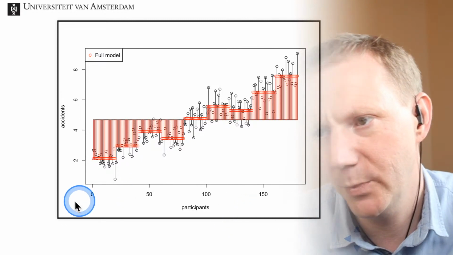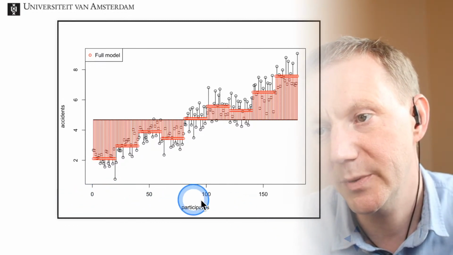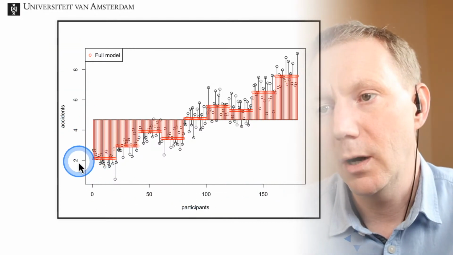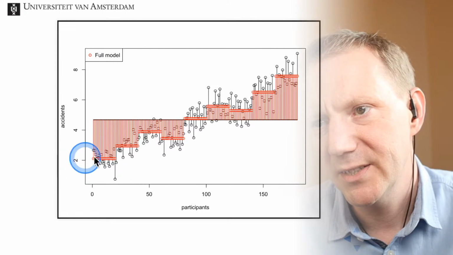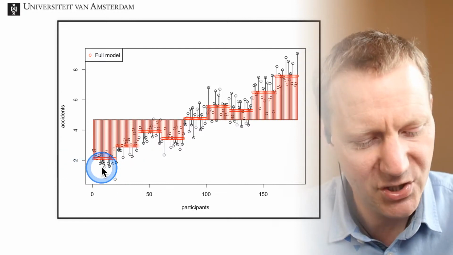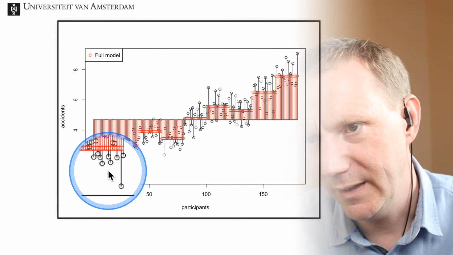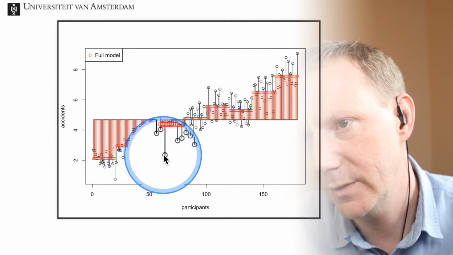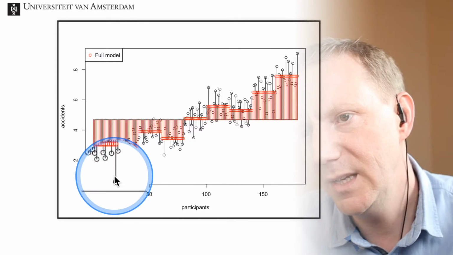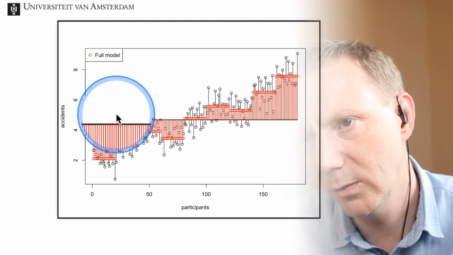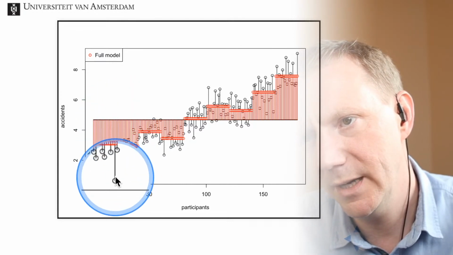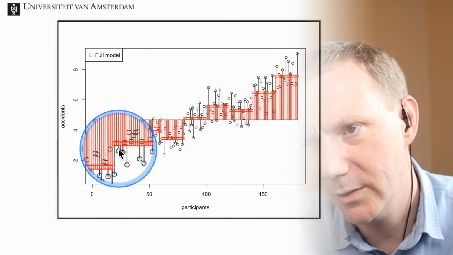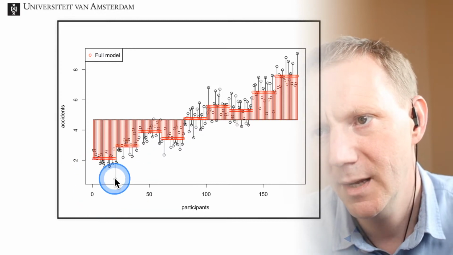So what I've done here is put all the participants on the x-axis, and the score on the dependent variable on the y-axis, and each individual score you can find in the black circles. That's the score for each individual. And the deviation for each individual with the total mean is indicated by the black line, and it starts here and it goes down to here.